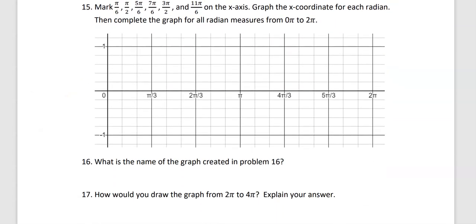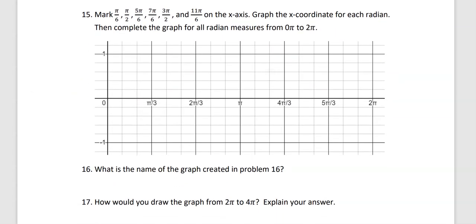For a unit circle, I was trying to get these values here on the graph, and what we talked about is the fact that if I change everything into sixths, this pi over 6 is exactly between 0 and pi over 3. Pi over 2 is exactly between pi over 3 and 2 pi over 3, and so on.